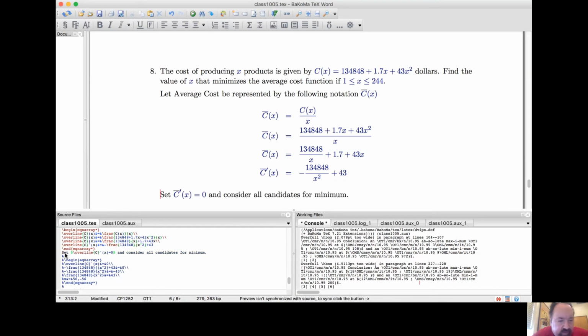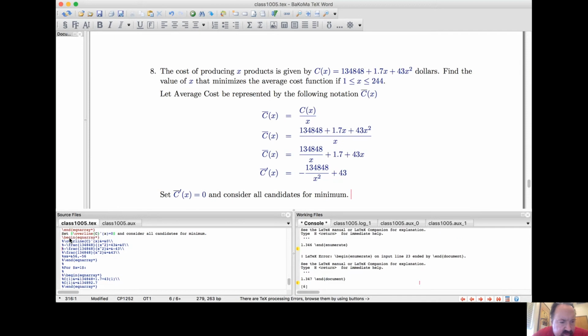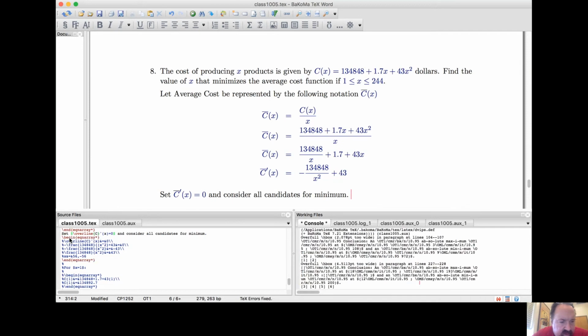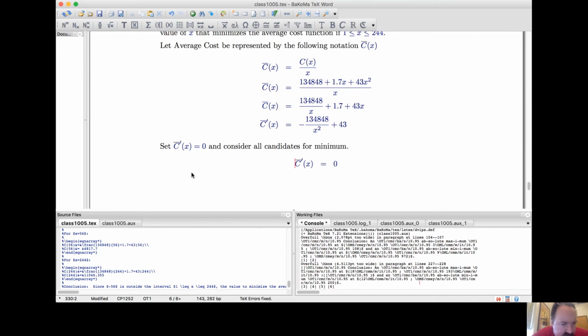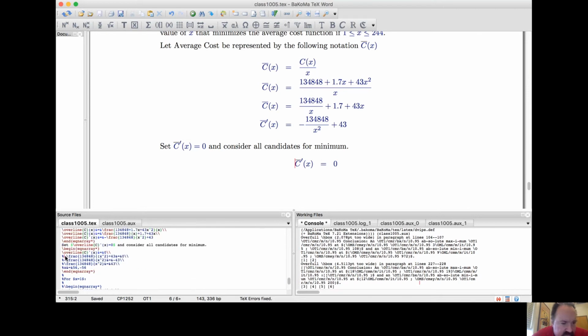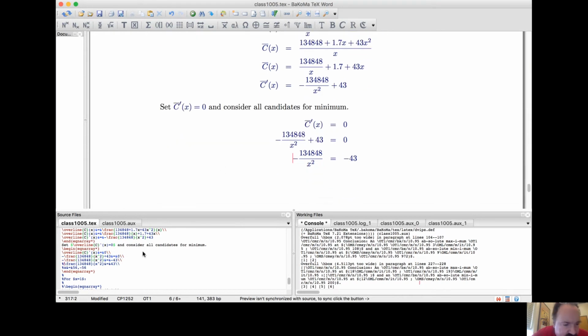So we go ahead and set that equal to 0, and see what we get. All right, so that is set equal to 0. And then we just do some rearranging.